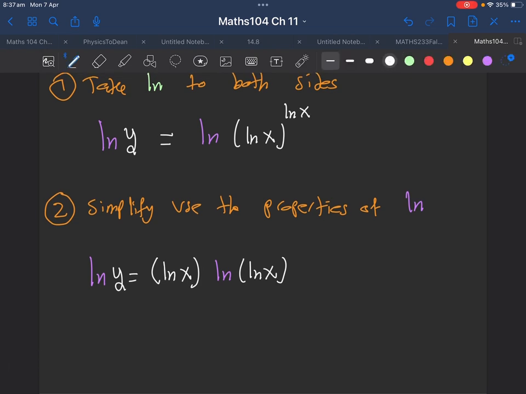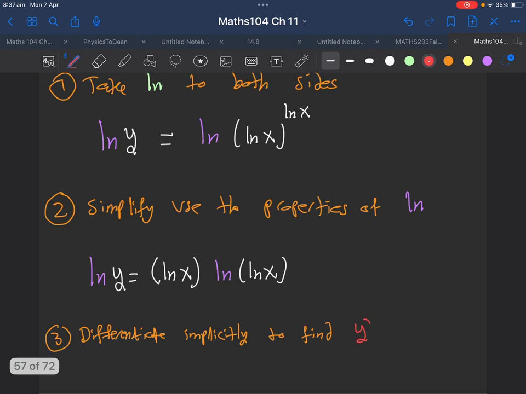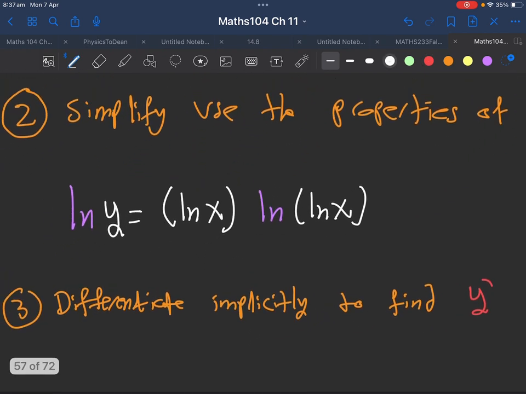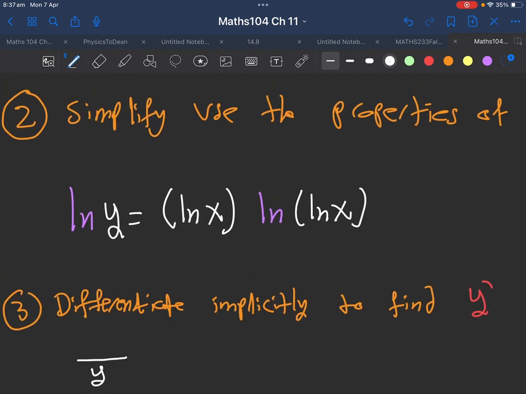Now, the next step, step number 3, differentiate implicitly to find y prime. What do we mean by differentiate implicitly? It means just write y here, and in the top, you need to write y prime, equal.